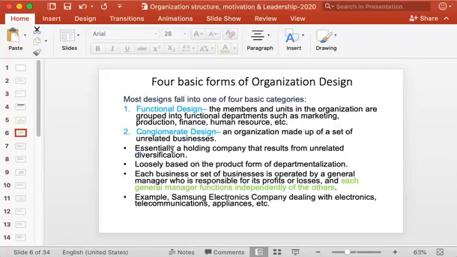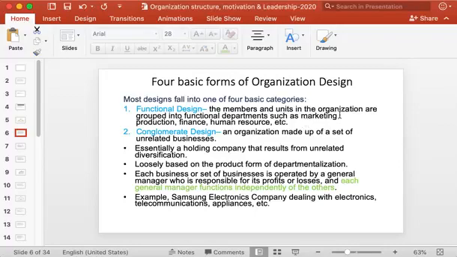One form of organization structure or design is functional design, where the members and units in the organization are grouped into functional departments such as marketing department, production department, finance department, human resource department, etc., where each department is responsible for looking after similar or related activities.